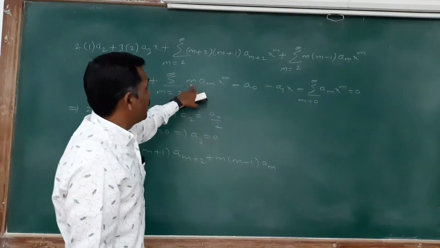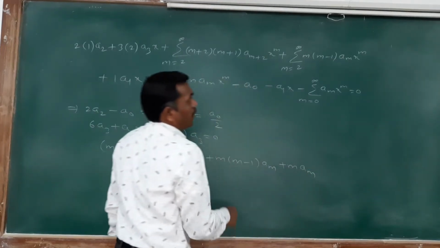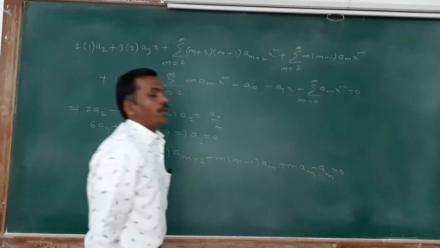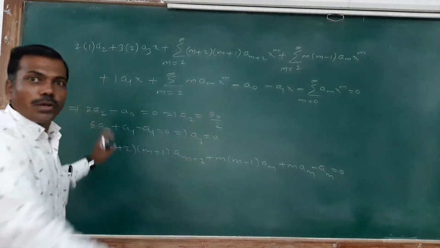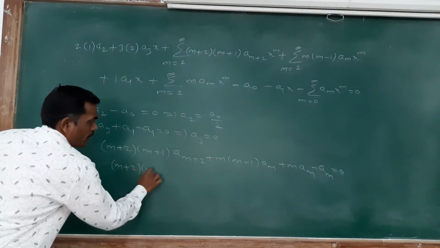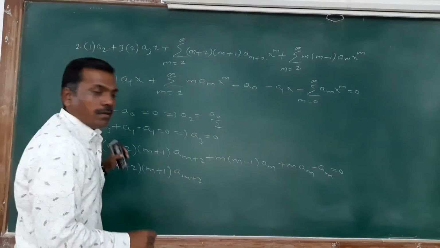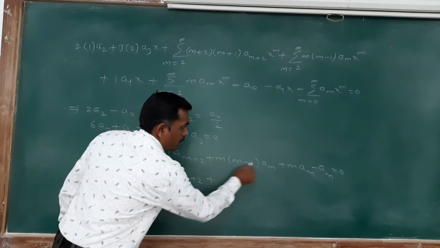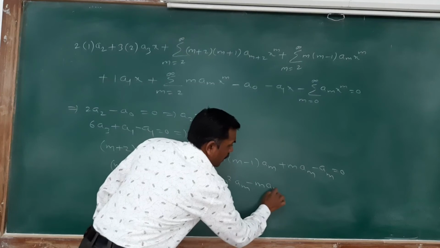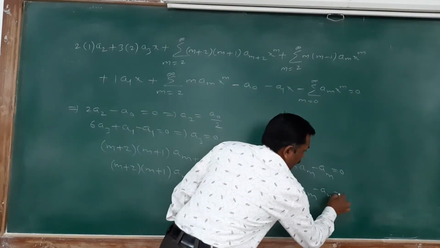Next one is m am. And next one is minus am. And is equal to 0 we have to take. Now cancel a few terms. What will you get? Here m plus 2 into m plus 1 am plus 2. Then here plus m square am minus m am plus m am minus am is equal to 0.